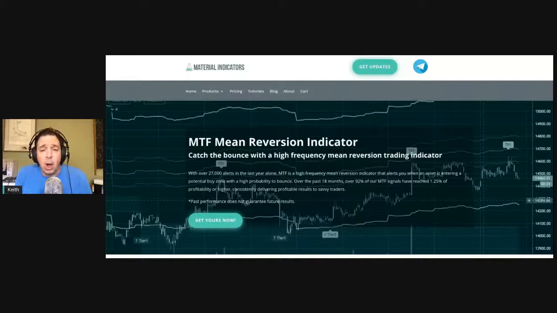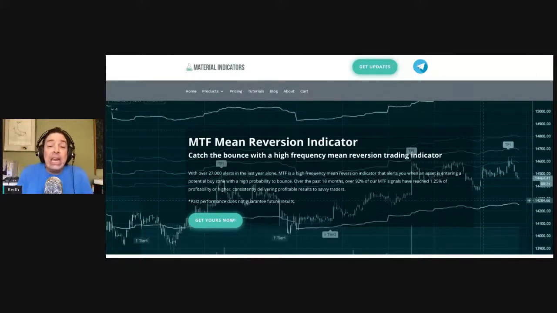We are currently on TradingView with MTF, and we are taking some steps to migrate off of that, so we can free ourselves of some of the limitations that TradingView puts on us. But we've had over 27,000 alerts, probably closer to 30,000 alerts since April of 2019. That's when we've been tracking every single signal. We haven't necessarily taken every single signal, but we have the data aggregated on all of them.